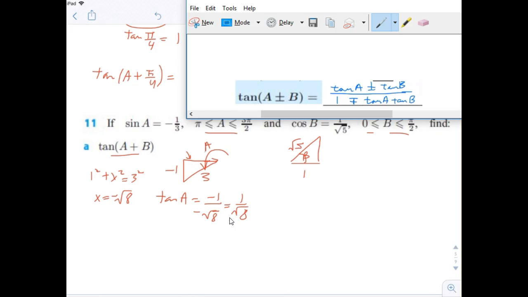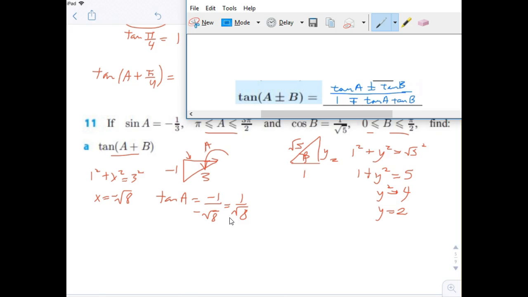So the tangent is actually 1 over square root of 8. And then this other triangle, we need to figure out the opposite of this triangle. So we're going to use Pythagorean Theorem again, and so we're going to have 1 squared plus y squared equals square root of 5 squared, which is equal to 1 plus y squared equals 5. So y squared equals 4, and y is equal to positive 2, right?